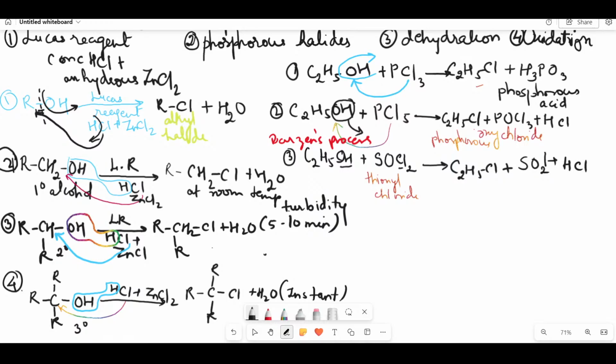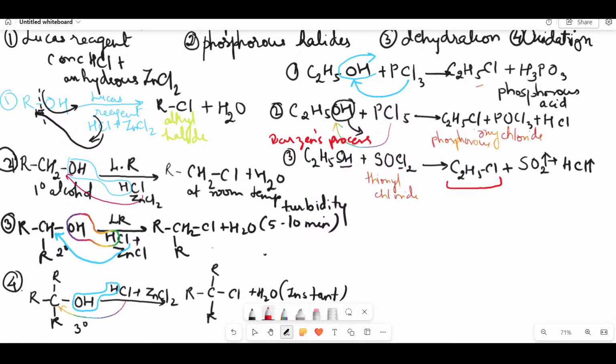Now SO2 is a gas and it escapes. As well as hydrochloric acid is a gas and it also escapes. So we are left with only pure ethyl chloride.